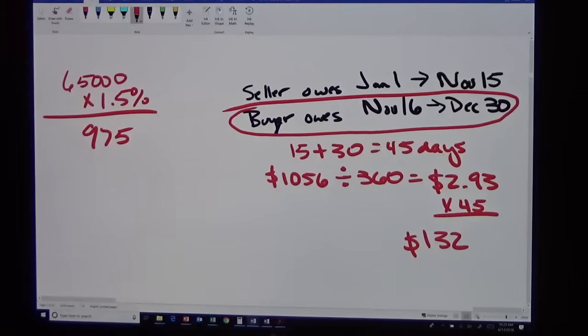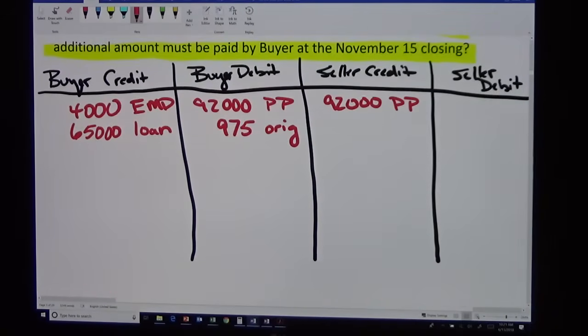Okay, so $132. Now here's what we remind ourselves what we're doing. It's $132 that the buyer owes. Okay, well, buyer owes, that sounds a lot to me like a buyer debit. So 132, buyer debit. And with taxes, if we're debiting the buyer, then we're crediting the seller.